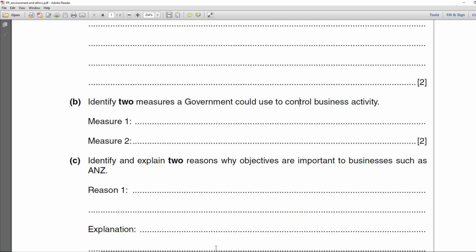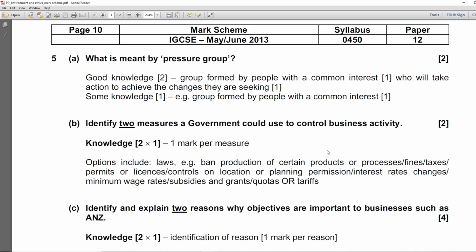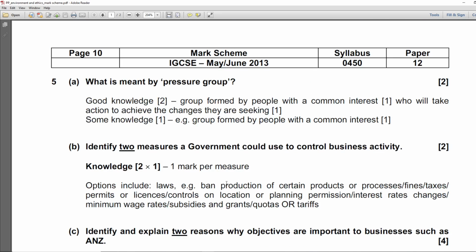Government interventions, right? So take a look up here. Laws. There are different laws you see here: fines, taxes, licenses, different controls. As long as you talk about some laws specifically... here I would say laws are not enough.